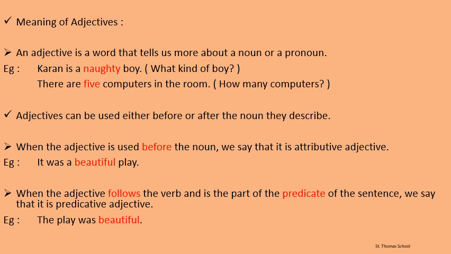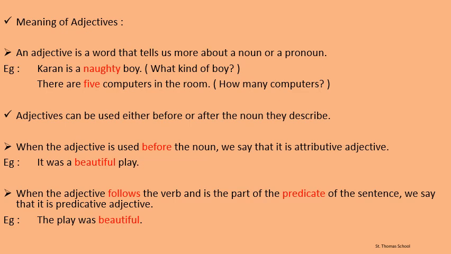Now see the second example given over here. The play was beautiful. So just see the difference. Both examples have the same meaning, but in one sentence the adjective is placed before the noun, and in the second one it is placed after the noun, as well as after the verb, and it is also in the predicative part of the sentence.